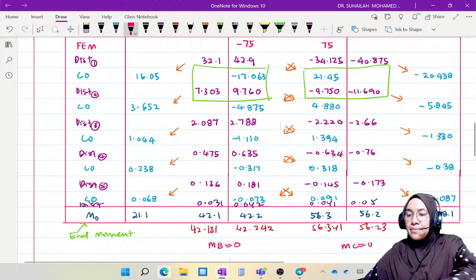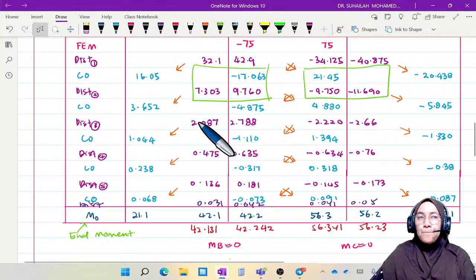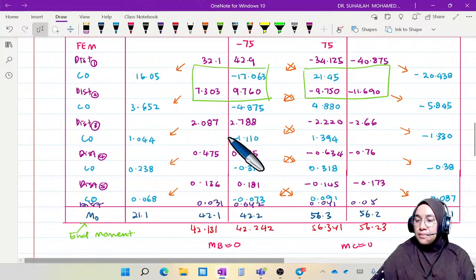We will check whether the value is correct or wrong. Okay, so we will recheck the answer.